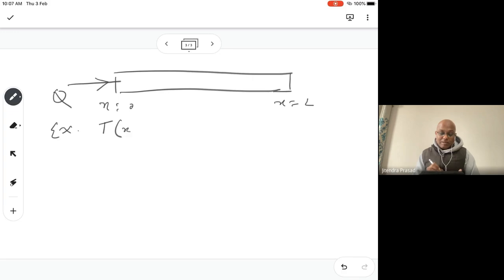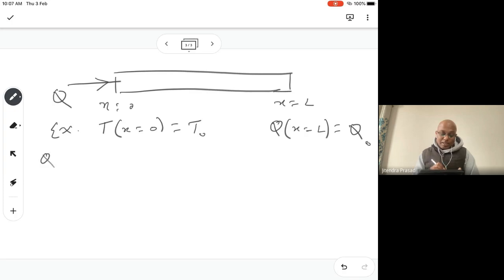T at x equal to 0 may be given as T naught, and Q at x equal to L may be given as Q naught. So when you say Q, what is the meaning of Q?